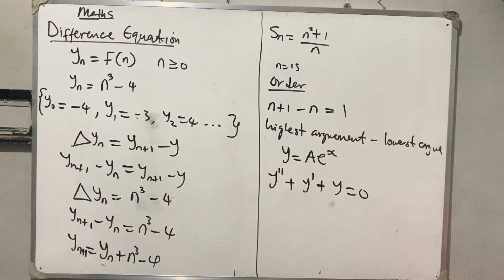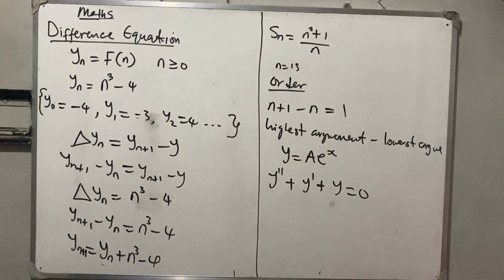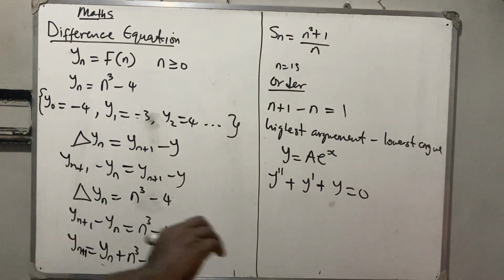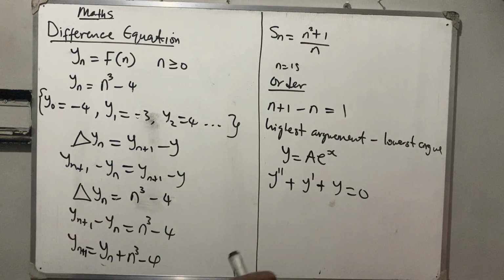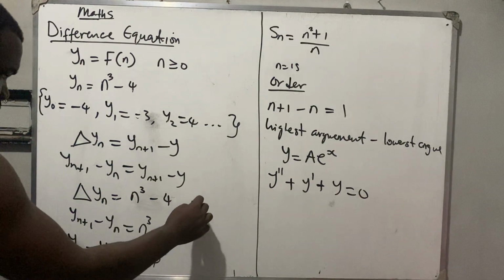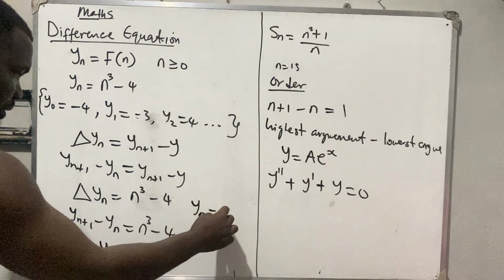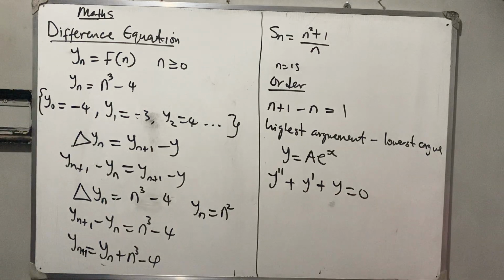So the same thing is applicable in difference equation. We verify them by direct substitution. For example, if I say verify if y_n, which is equal to maybe n squared, is a solution to this difference equation. What I need to get is simply my n plus 1.